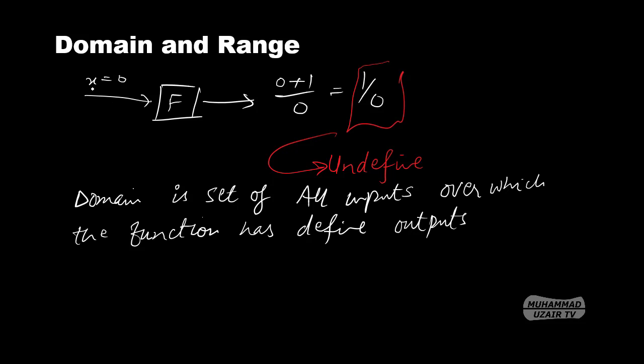As we can see, when we put x is equal to 0, the output is undefined, so this will not be included in the domain of this function x plus 1 divided by x. So 0 is not included in the domain of this function.